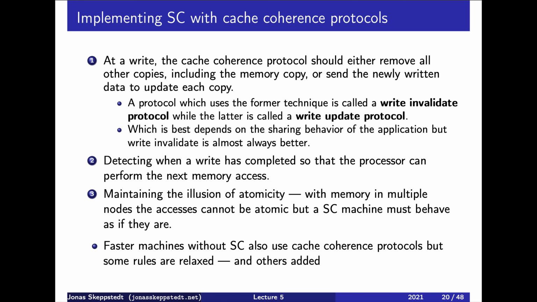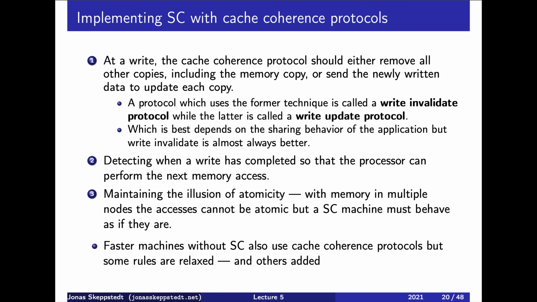And okay, what's bad with that? Well, the main problem with this is that the network which connects the different CPUs and memories and caches, well, the caches and CPUs are at the same place, will be overloaded with messages that really have no purpose.